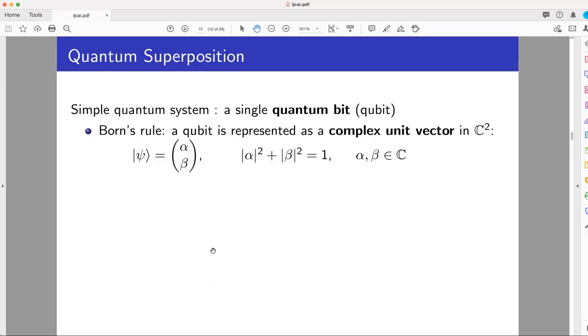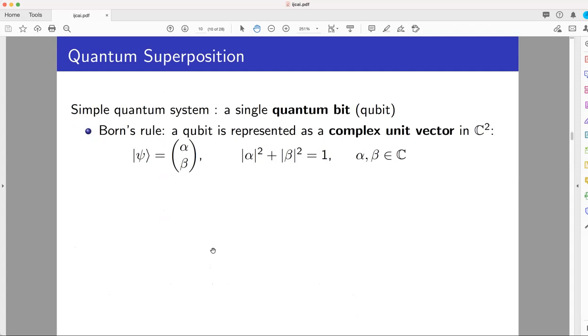So this is a basic introduction to quantum superposition. For a simple quantum system, a single quantum bit can be described by the Dirac notation. Dirac notation means it can be seen as a vector.